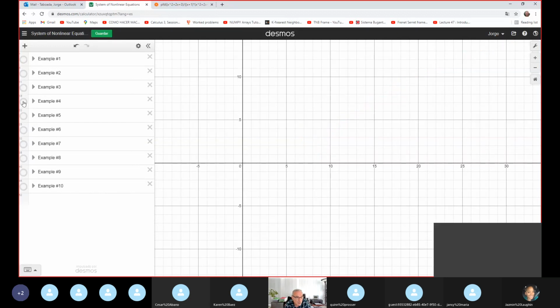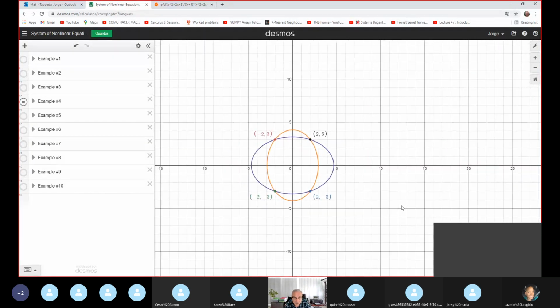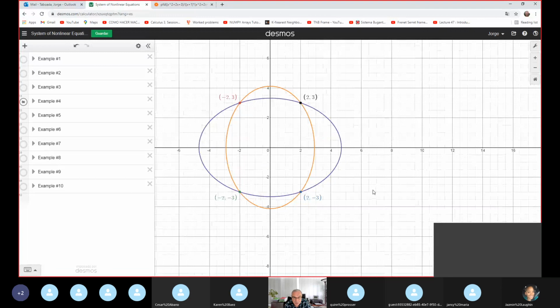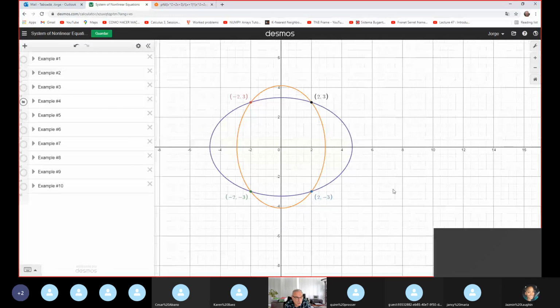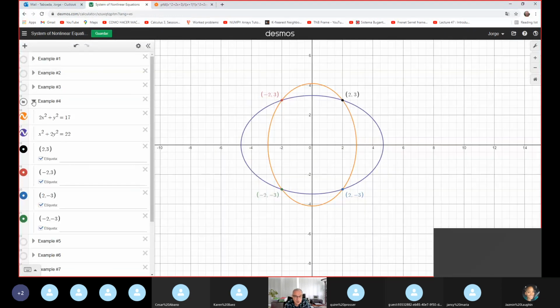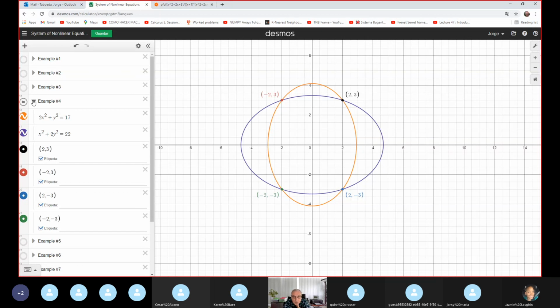Now example 4, look at that. Example 4, let me zoom to understand better. We have two ellipses. The first equation is the orange color. The second equation is the purple color. And the intersection is the combination, 4 points. We have 4 solutions in this example. Okay, super. You follow me, you understand a little bit.